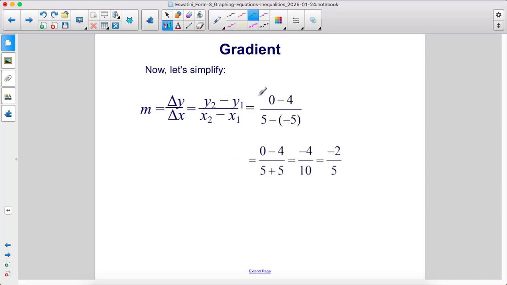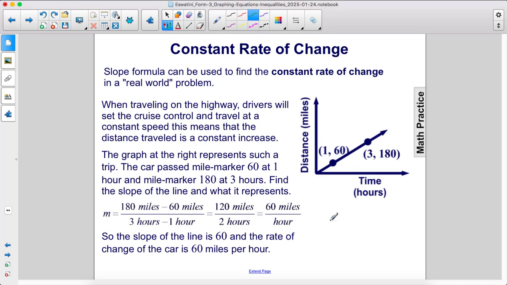So y2 was 0, y1 was 4, x2 was 5, x1 was negative 5, put that in parentheses. 0 minus 4 is negative 4, 5 plus 5, the negative signs cancel, gives us 10, which gives us negative 2 over 5.